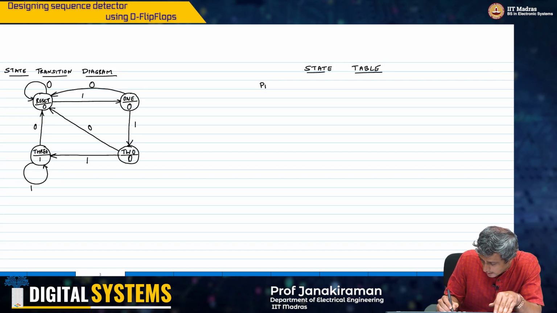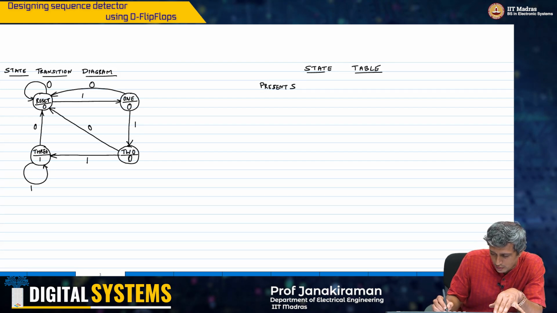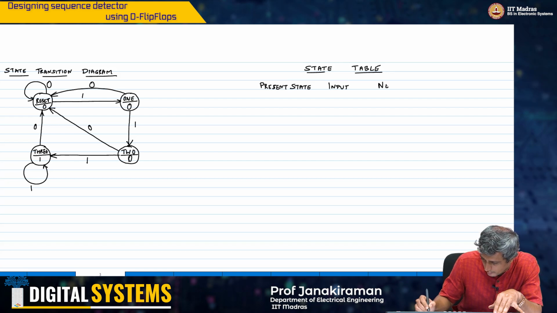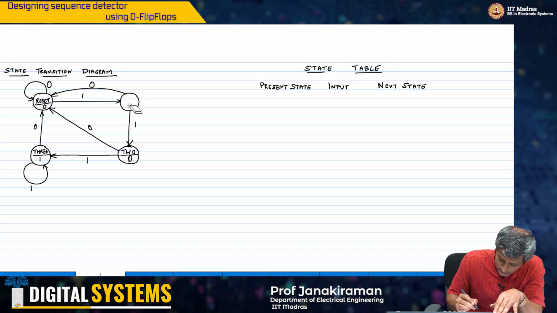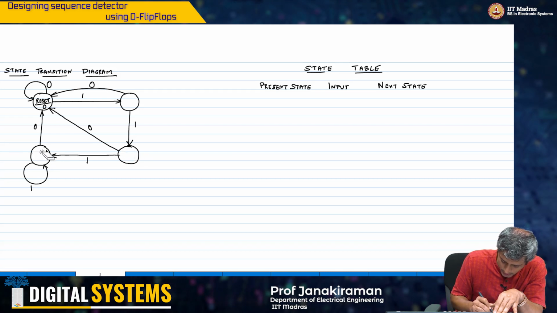I'm going to look at present state, input, next state. Okay. So now what I will do is I will redraw this with the appropriate binary codes that we have assigned for the states.